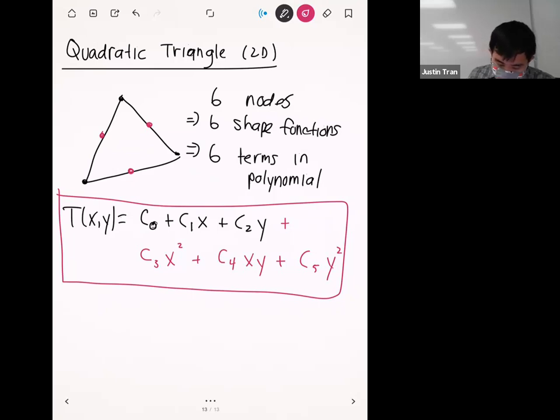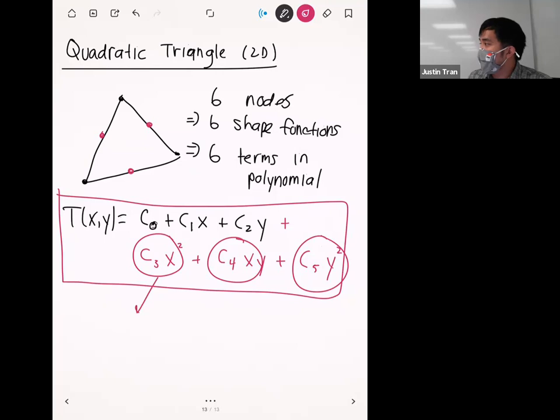Because we have these terms, when we take derivatives of this quantity, they can be non-constant across the element.